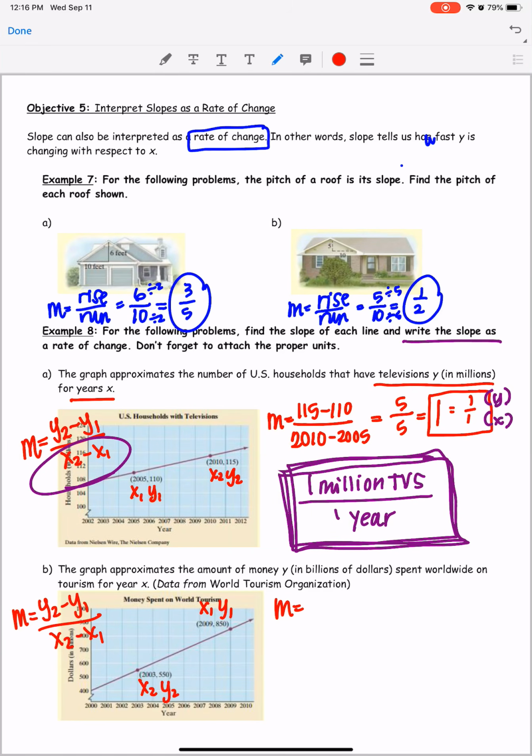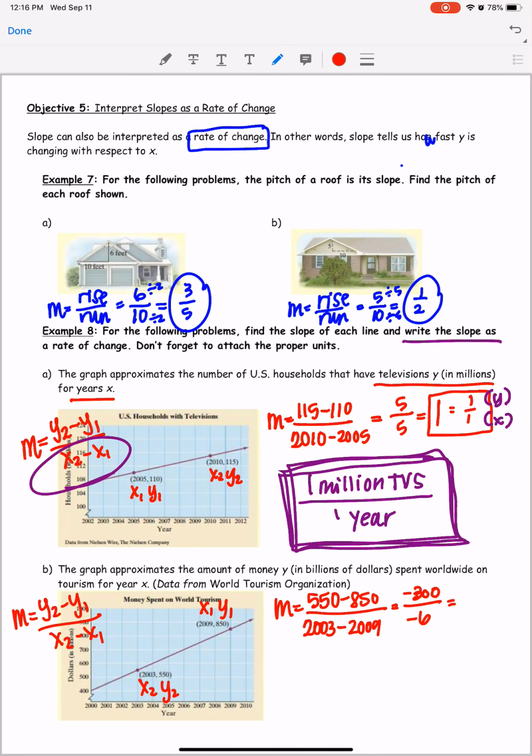So find your slope. We got y2 minus y1, so 550 minus 850, over x2 minus x1, so 2003 minus 2009. So 550 minus 850 is going to give me a negative 300. 2003 minus 2009 is going to give me a negative 6.